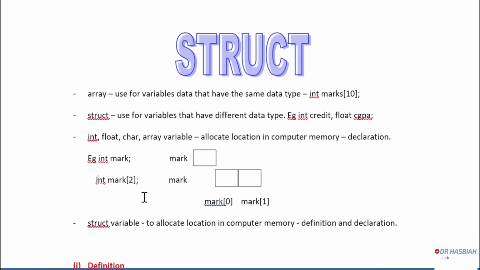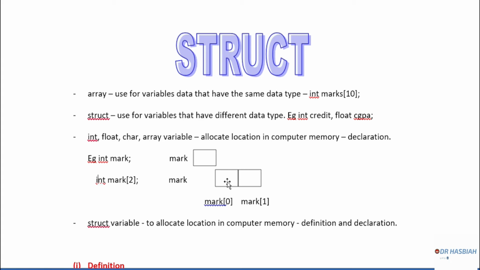Second example, if you declare integer mark with size 2, you put the marks in an array, because we have the size of the array here. So what happens to our computer memory? You can imagine like this. You have the mark variable here, then you have 2 boxes here, because this is an array. The size of your array is 2, so you have 2 boxes.